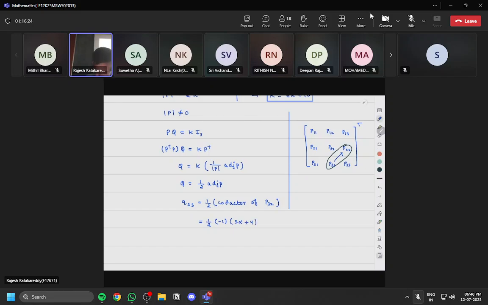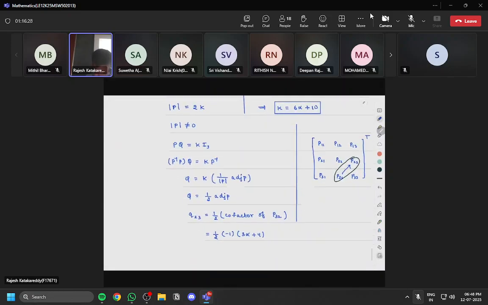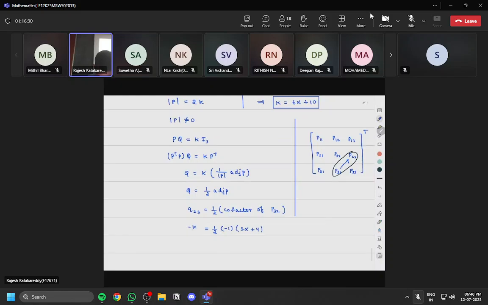Now we can substitute Q23, that one is minus K by 8. So K got cancelled on both sides. Minus 1 got cancelled. K is equal to 4 3s are 12 alpha plus 60.